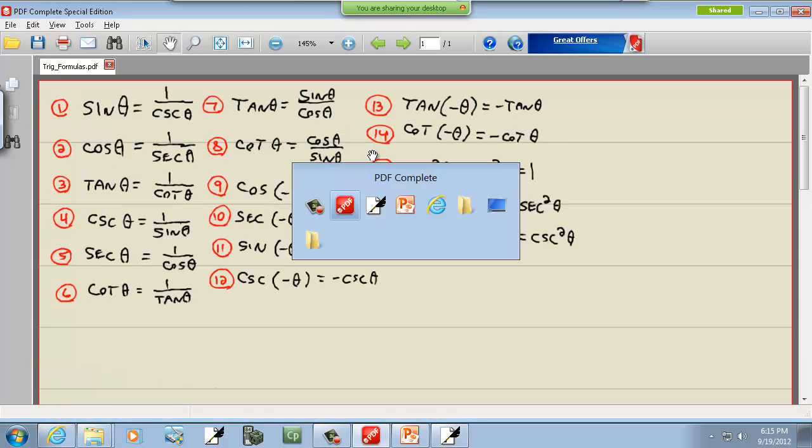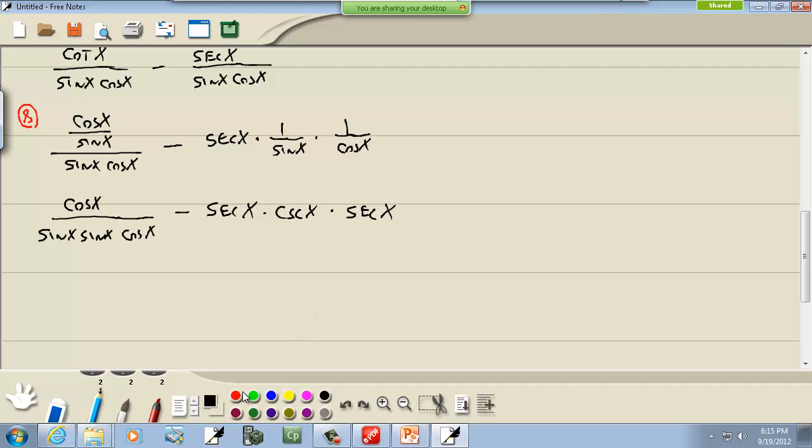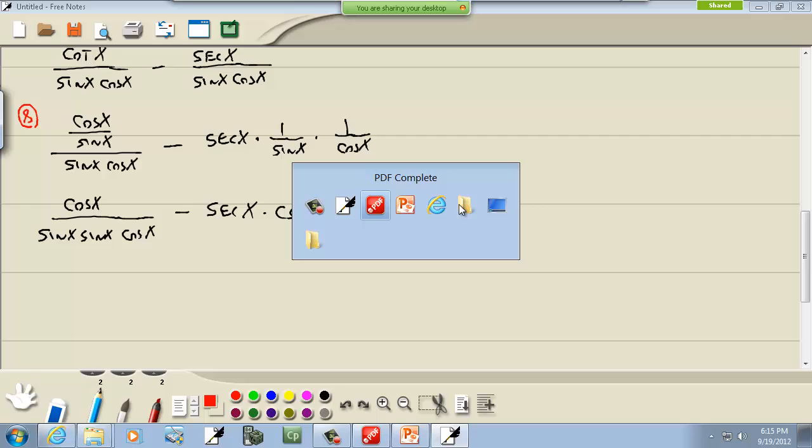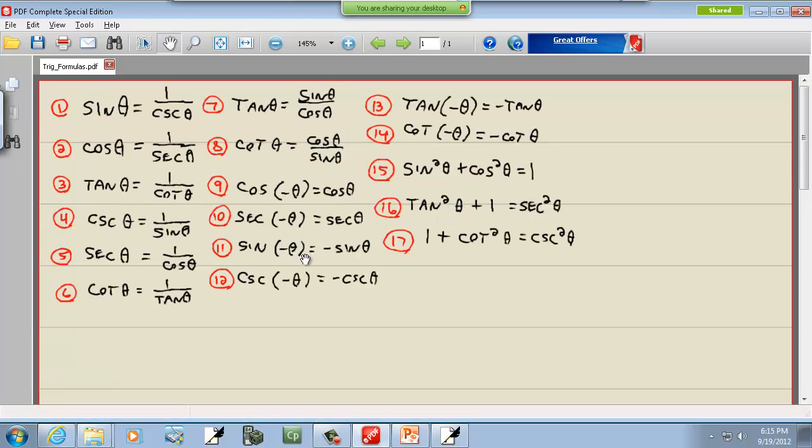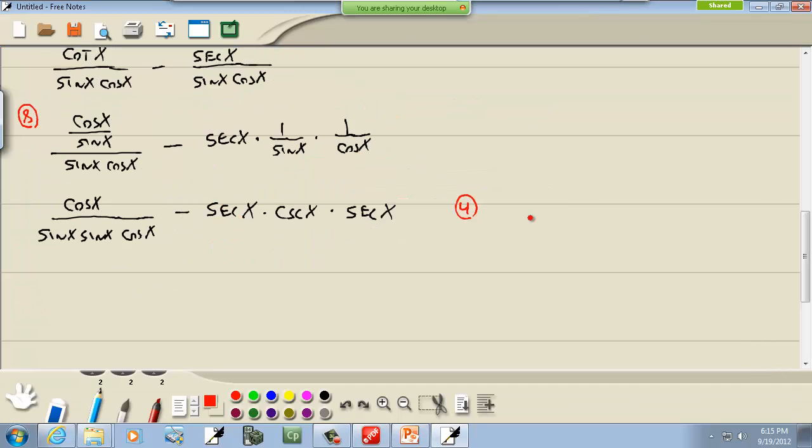Number 4 is 1 over sine is cosecant. 1 over cosine is secant from number 5. Okay. Now, over here, these cosines would cancel.